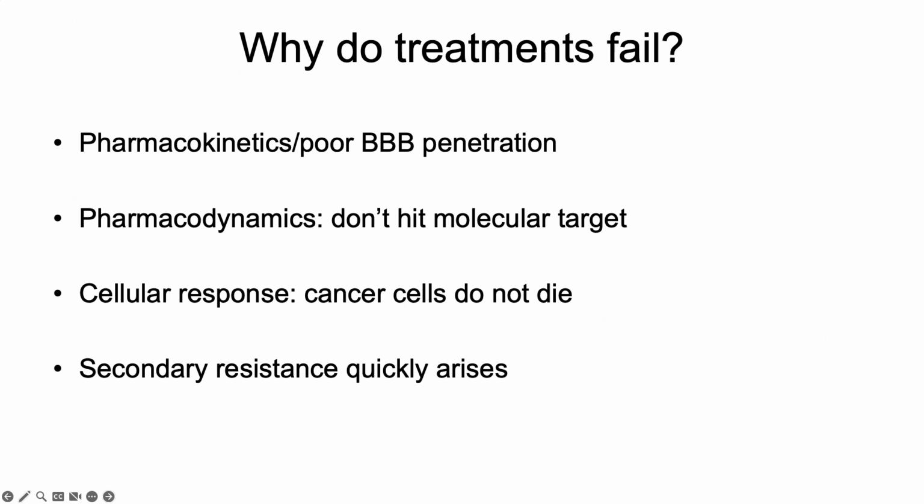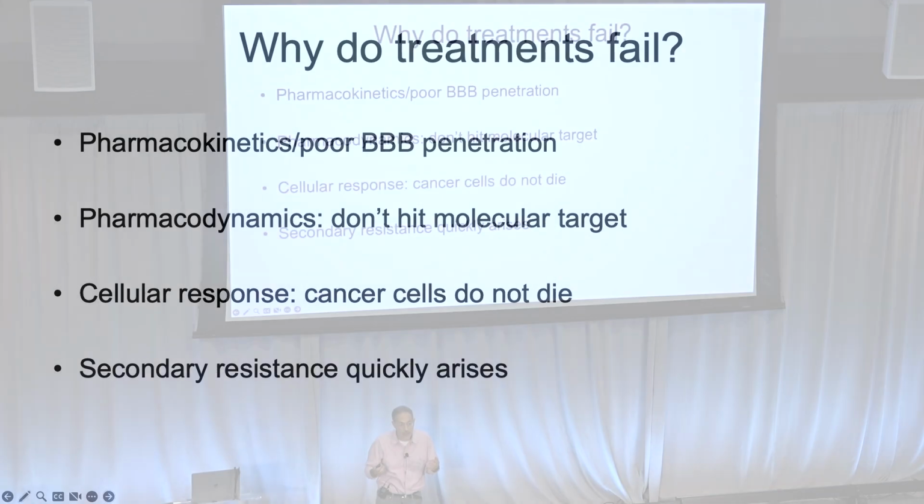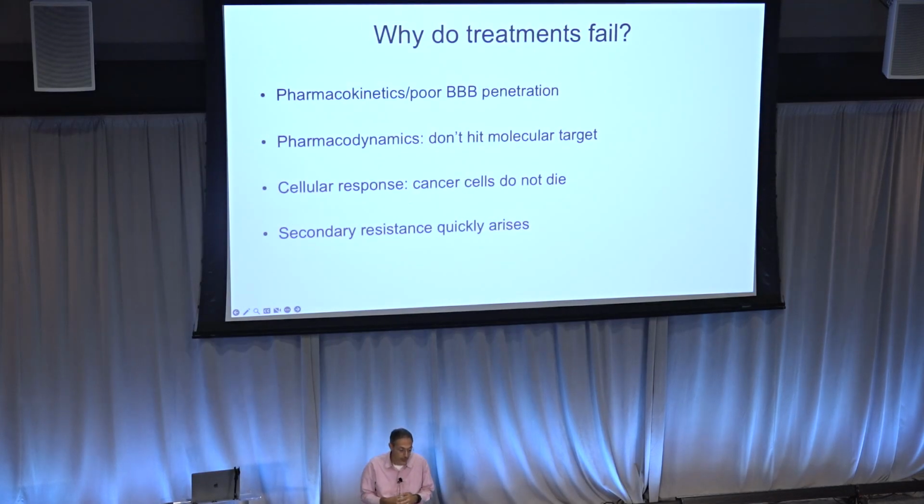So again, we could ask all of these questions of that tissue that was obtained on the biopsy. Well, not all the questions, actually, not secondary resistance. But we could address 3 of the 4 questions with that initial biopsy after a couple of days on the drug. And then in some cases, we were able to get tissue from later on from autopsies, unfortunately, or other trials that were done later on these patients, where we could see what happened for secondary resistance.